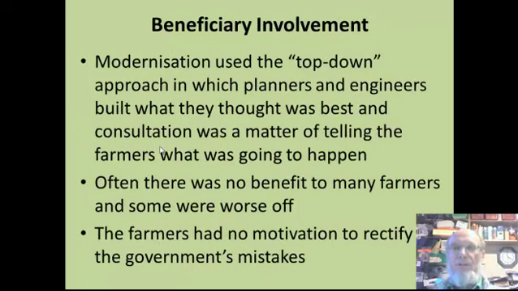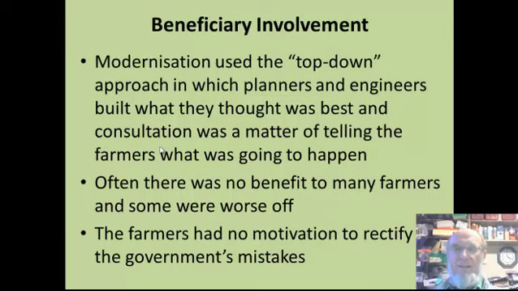It's important to involve beneficiaries in the planning of any improvements to spate irrigation. Previously, modernisation tended to use a top-down approach in which planners and engineers built what they thought was best, and consultation was a matter of telling the farmers what was going to happen.